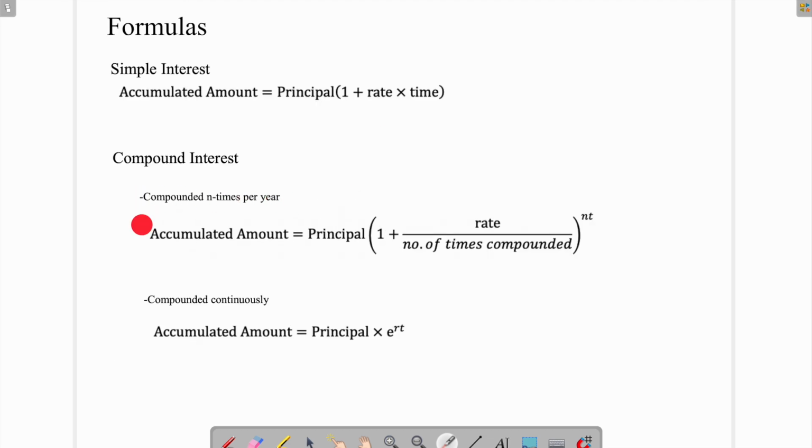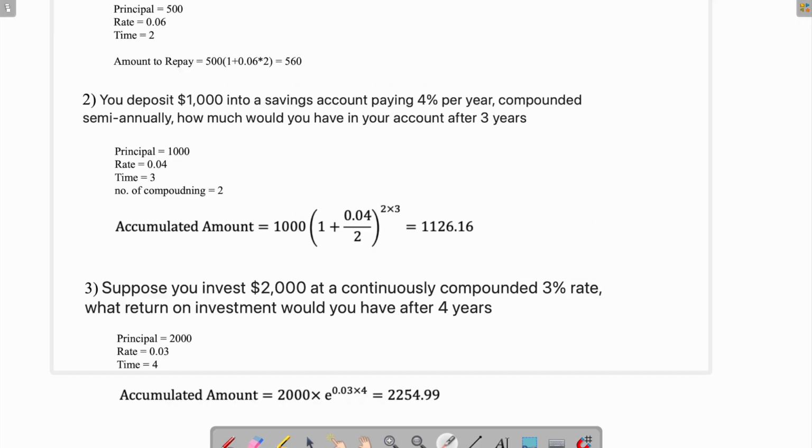So let's use this formula here. Our principal, 1 plus rate over the number of times compounded, to the power of the number of times compounded times the time. So we say to ourselves, okay, let's put it in for 3 years, and how much would we expect to receive within that 3 years? So the principal is 1,000, the rate here 0.04, the time 3 years, and the number of compounding is 2.